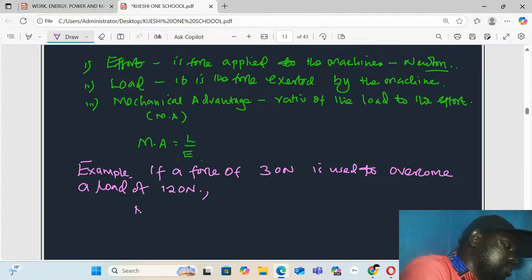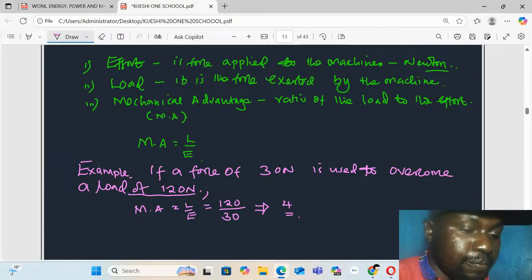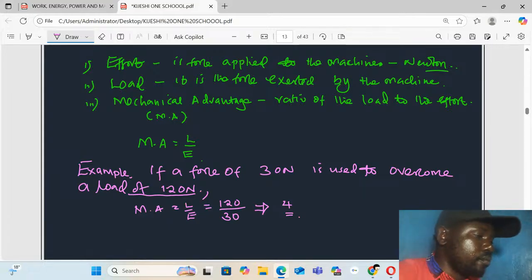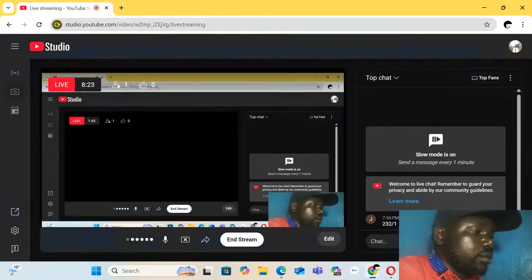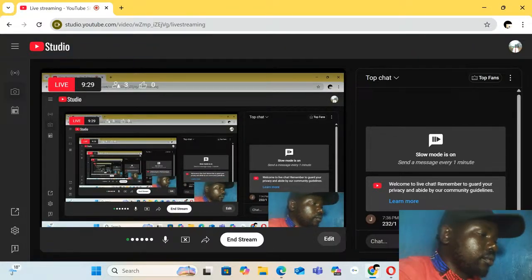Mechanical advantage is given by the load over effort. Our load here is 120 newtons, then you divide by our effort, which is 30. In this case, we have 4 as our answer.